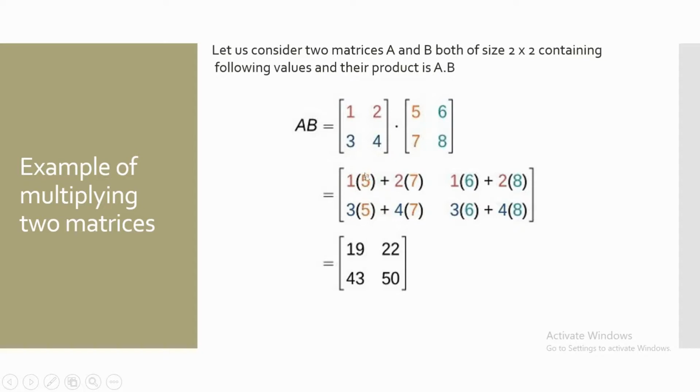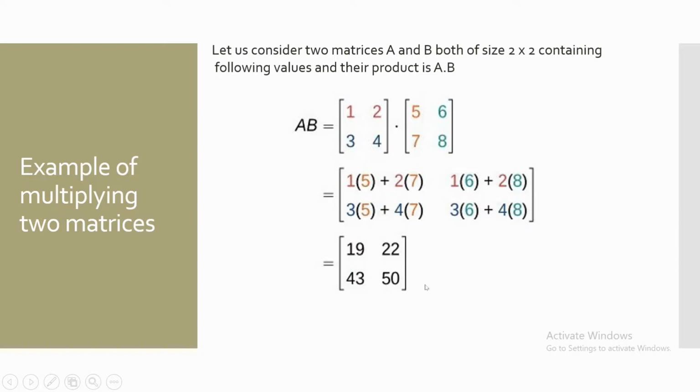So in this way we will get the result. So here 1 is multiplied with 5, 2 is multiplied with 7, right? And the next value of the product matrix is achieved by 1 into 6 plus 2 into 8, right? So hope you have understood this general way of getting these values. Then you add these 5 plus 14, you will get this 19, and similarly you will get the other values.